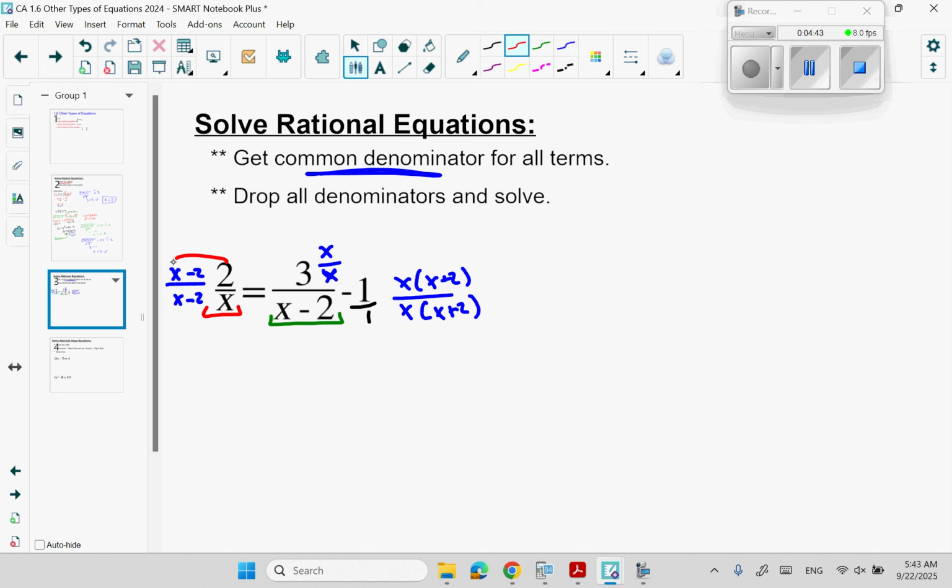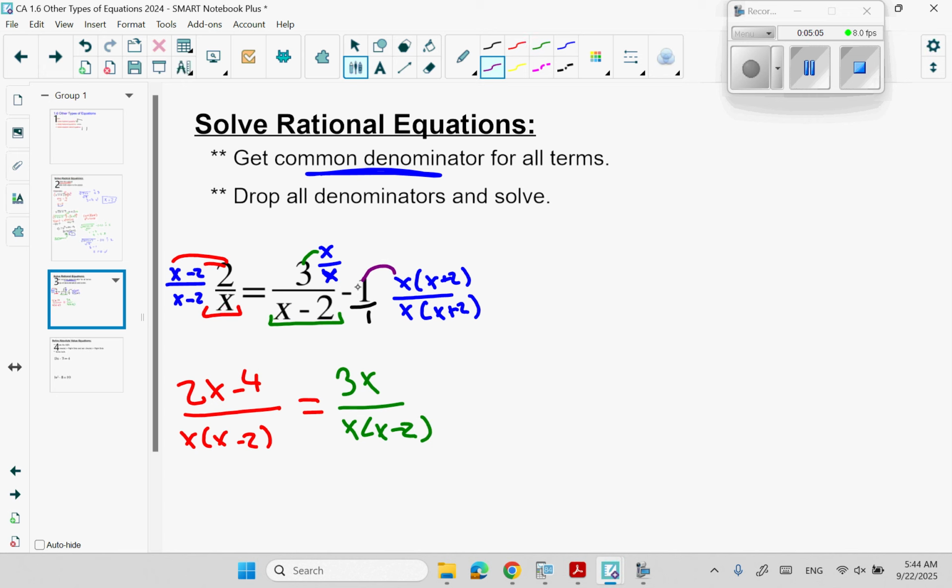So first we would distribute the 2, so 2x minus 4 over x minus 2 equals 3 times x, so just 3x over x minus 2. And this one's actually kind of interesting. I get 1 times x, which is going to give me negative 1x. And then I still have this x plus 2. And I can distribute negative 1x to both of those things.